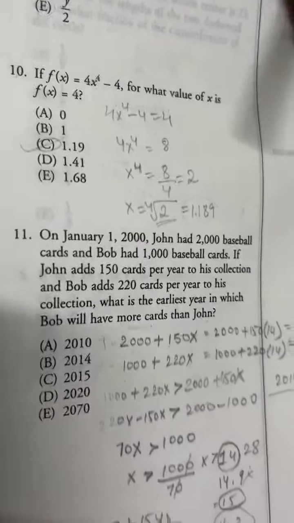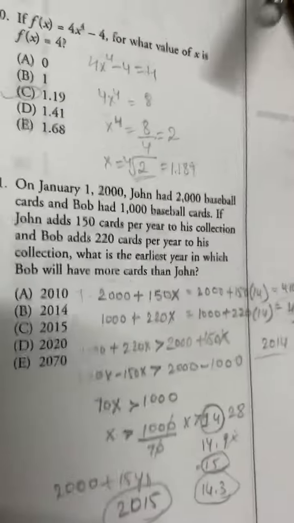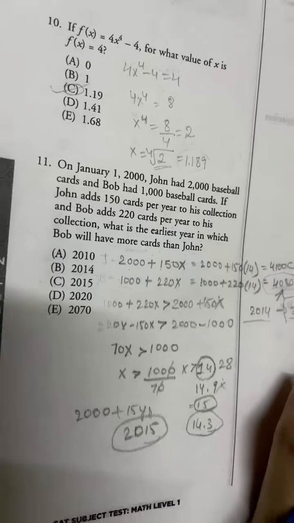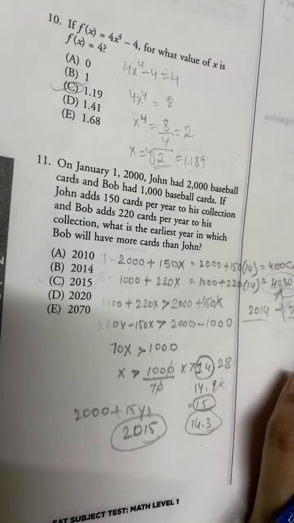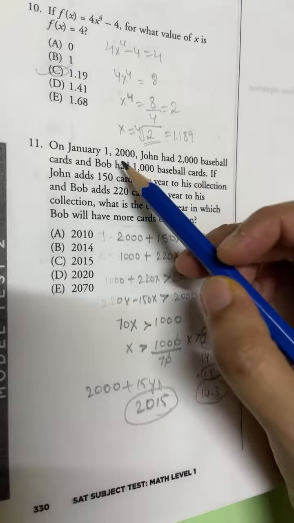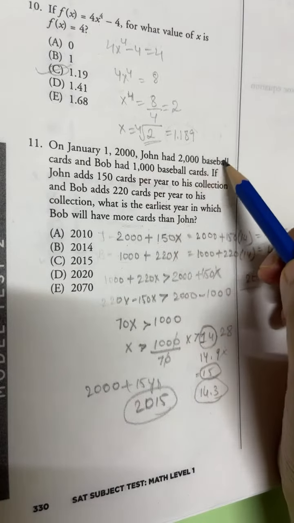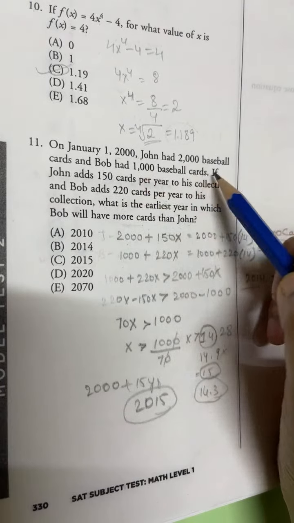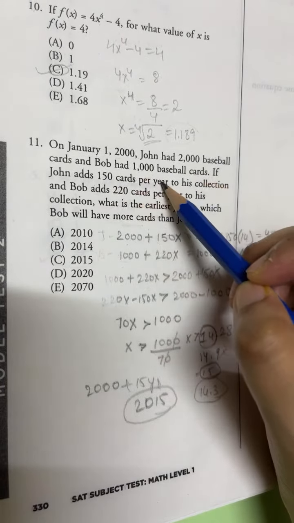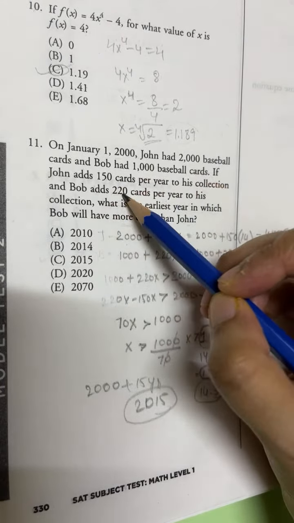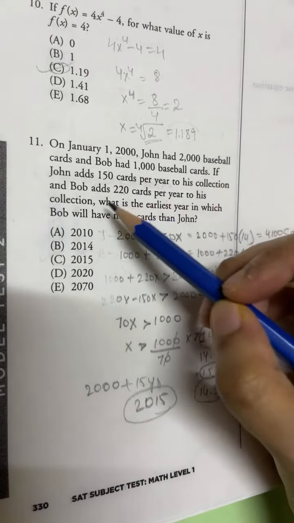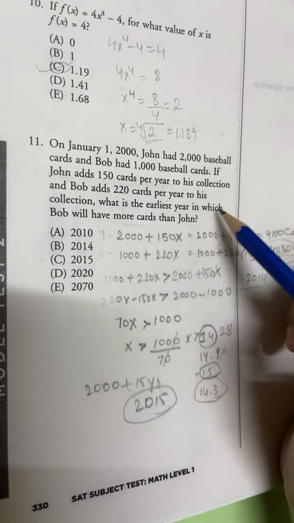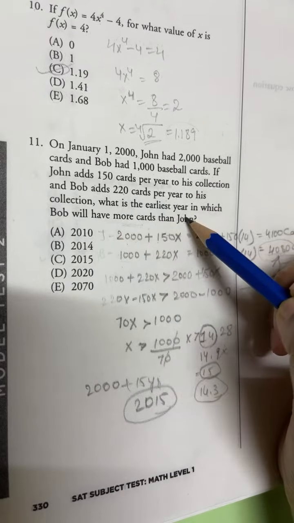Okay, let's see. Question number 11 is already solved here, so we're just going to read that one out. On January 1, 2000, John had 2000 baseball cards. Bob had 1000 baseball cards. John adds 150 cards per year to his collection, and Bob adds 220 cards per year to his collection. What is the earliest year in which Bob will have more cards than John?